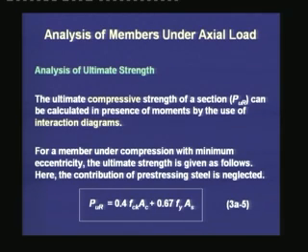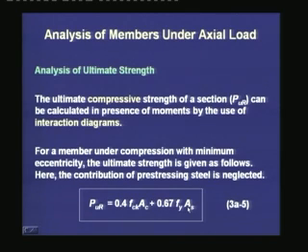PUR is equal to 0.4 times the characteristic strength of concrete times the area of concrete plus 0.67 times the yield stress of the steel times the area of the steel.